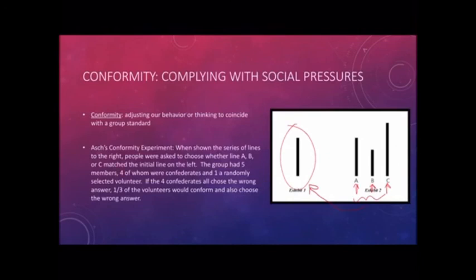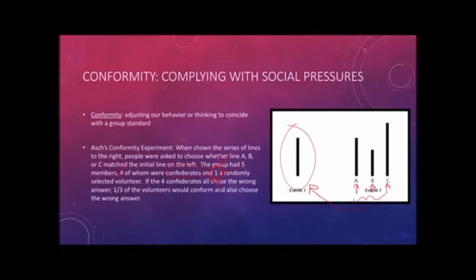And a Confederate is someone who is in on the study and knows what's happening, and they've been instructed to act in some kind of way. And then there's 1 randomly selected volunteer. So we're not actually interested in what all 5 people have to say. We are only interested in what the 1 randomly selected volunteer has to say, not the 4 Confederates.